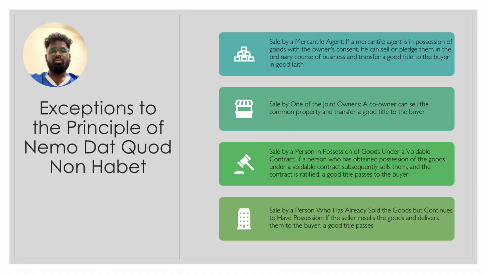Sale by one of the joint owners: a co-owner can sell the entire property and give good title to the buyer. Sale under a voidable contract: if a person gets goods through a voidable, cancelable contract, like one based on fraud, and sells them before the contract is officially cancelled, the new buyer gets a good title.